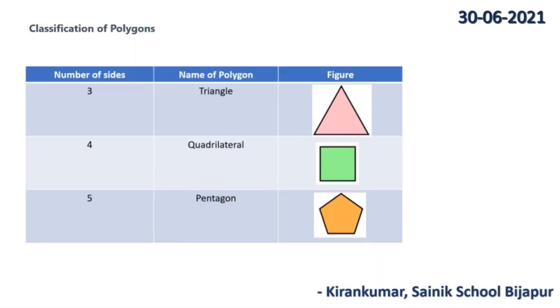Look at these polygons. Here it has got 3 vertices. These 3 vertices are adjacent to each other. If I name A, B, C as the vertices, A, B and C are adjacent to each other. Suppose I name PQRS as the name of the quadrilateral.